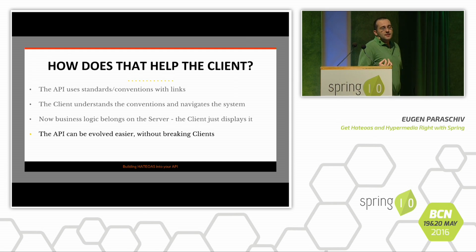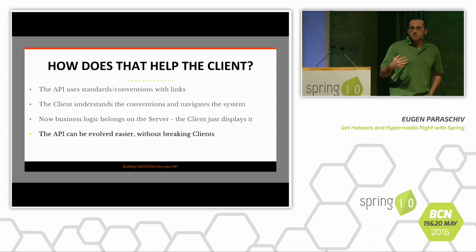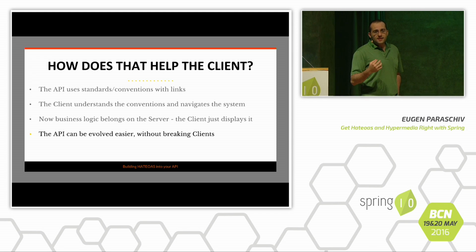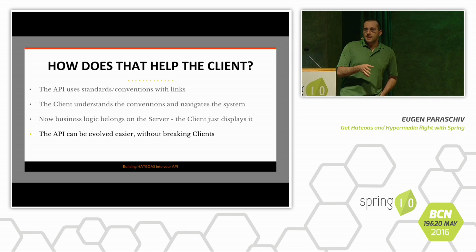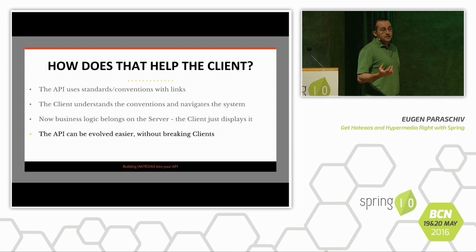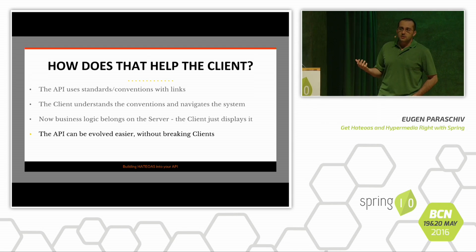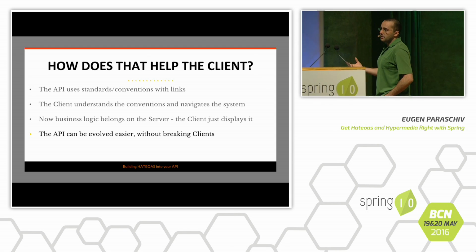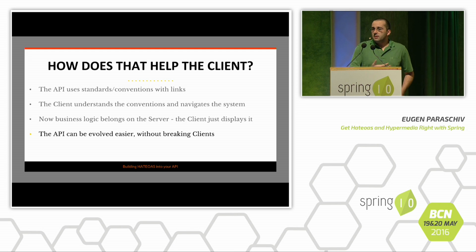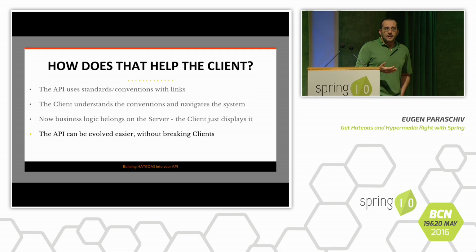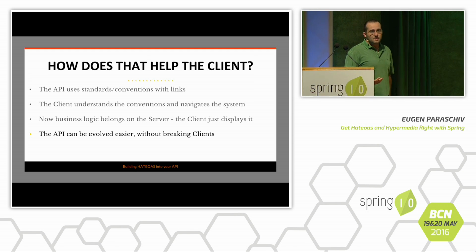That way, basically, the APIs can be evolved much more easily. So APIs can be evolved without breaking clients, even if you have an internal client. For example, I worked on projects where the internal client, the front end, was built, of course, by separate teams, and many teams were building the same thing.